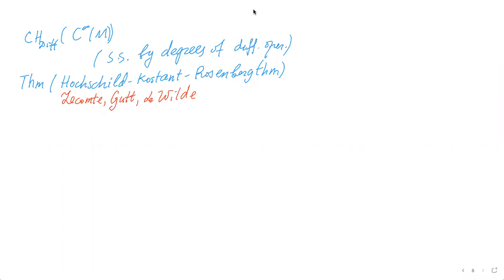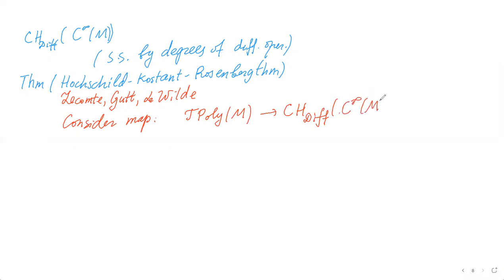Consider the map from polyvector fields of M into the Hochschild complex of C infinity of M, given by the following formula, that's coordinated by chi of, how did we denote polyvector field?